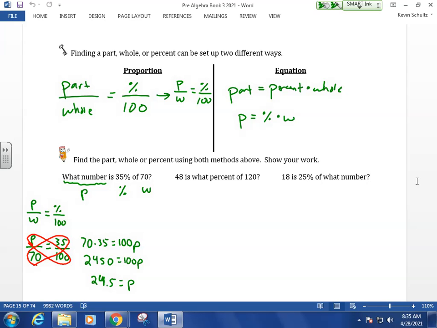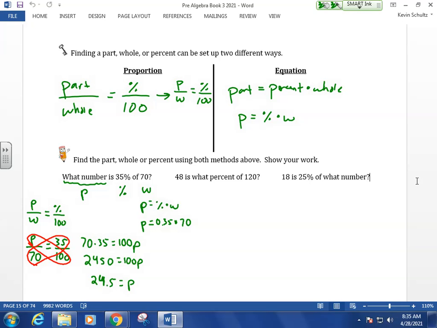Okay? I kind of went into my equation section there. But now using the equation, P equals percent times whole, well, we don't know what the part is. That's what we're solving for. So we're going to keep that as the variable. 35% in this case gets written as a decimal, 0.35, times 70, which is our whole.